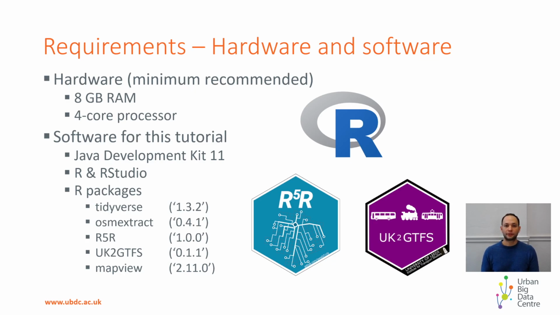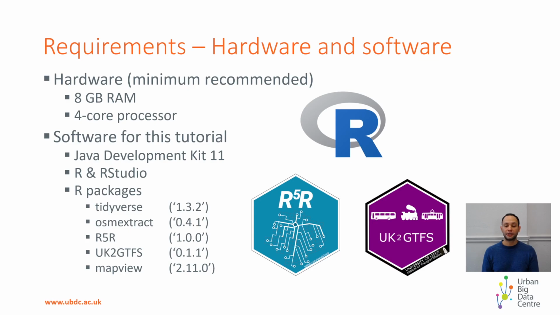The next software that we are going to be using is R and R Studio. This works through different packages or extensions. The ones that are used for this tutorial and the specific versions are listed below. Tidyverse is useful for manipulating the data and the outputs.